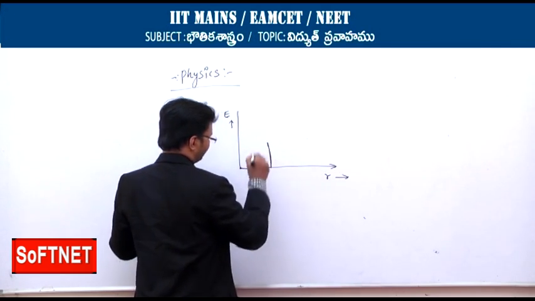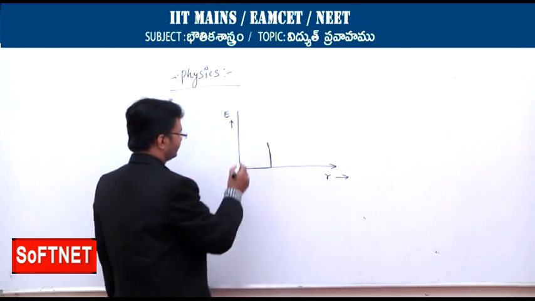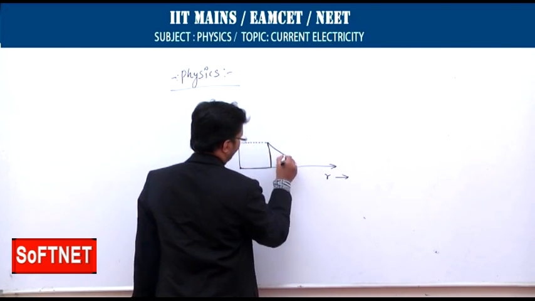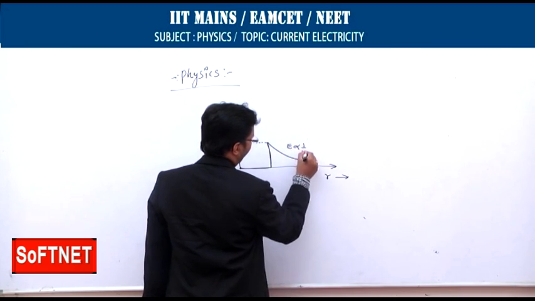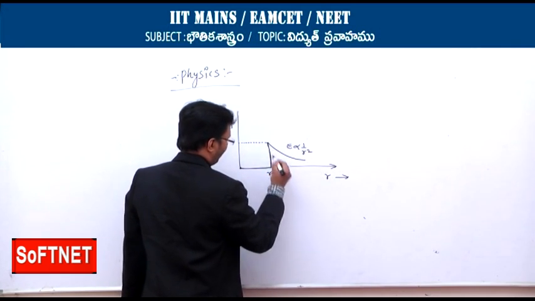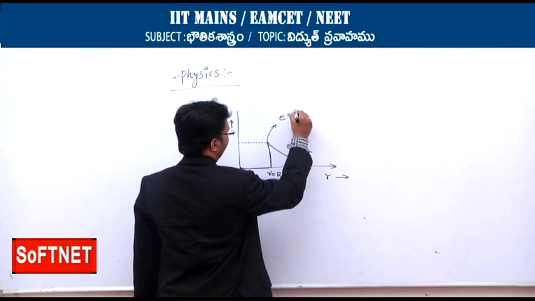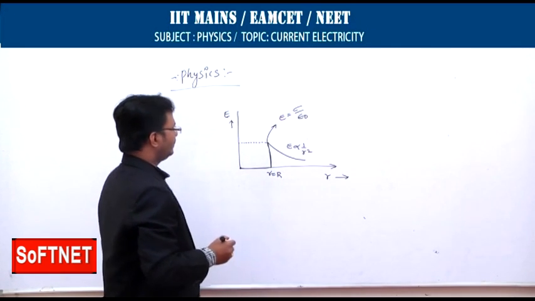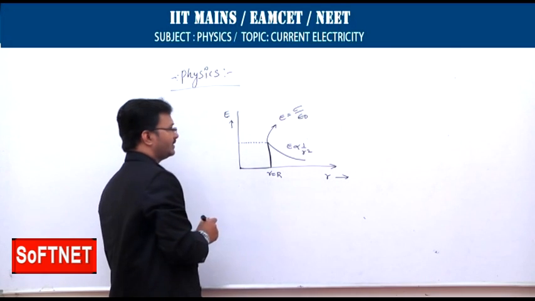At the surface it is maximum. After the surface it is decreasing; E is inversely proportional to R square. Here, R is equal to capital R. The electric field on the surface is sigma by epsilon naught, and on the surface the maximum exists.